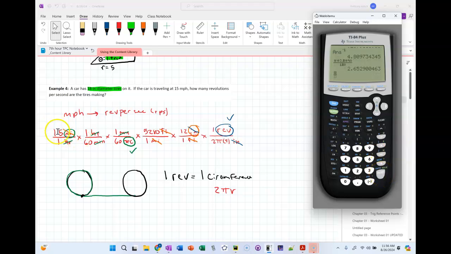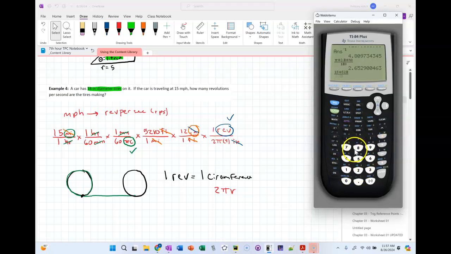In the top, I'm going to ignore all the 1s, because if I multiply by 1, that doesn't really do anything. So I'll do 15 times 5,280, and then times 12. On the bottom, I'll do 60 times 60 times 2 pi times 9. So I get 4.669 revolutions per second.